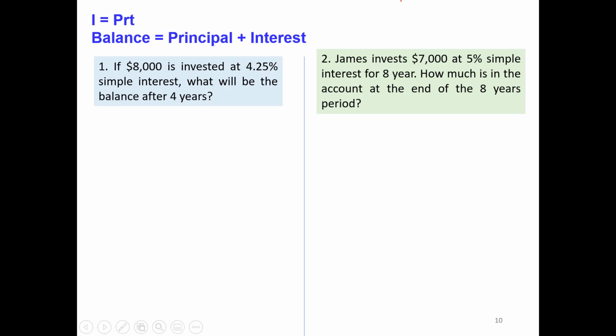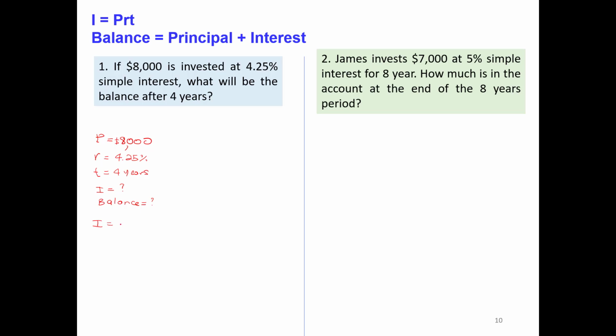Let's see what information we know. In this case, the principal is $8,000. The rate is 4.25%, and the time is 4 years. Now we need to calculate first the interest, and then we will calculate the balance at the end.